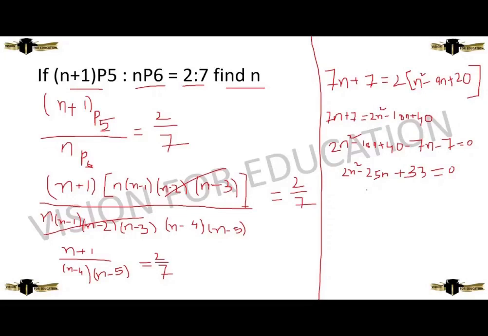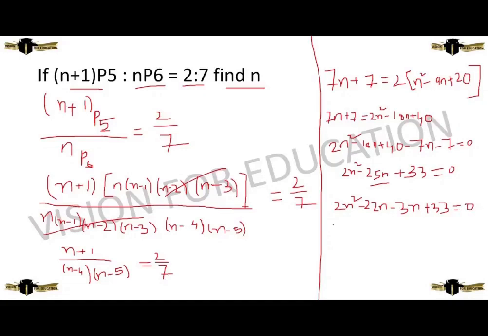Now we are going to split 25n: 2n square minus 22n minus 3n plus 33 equal to 0.